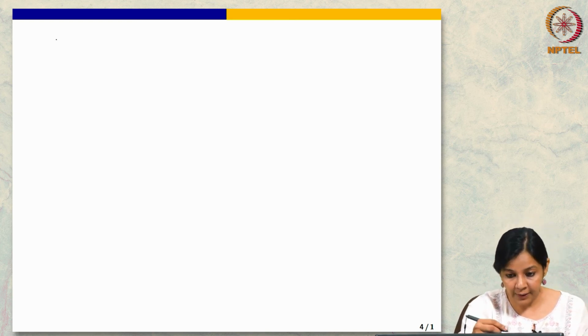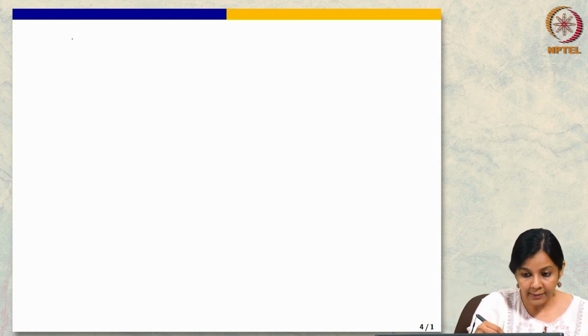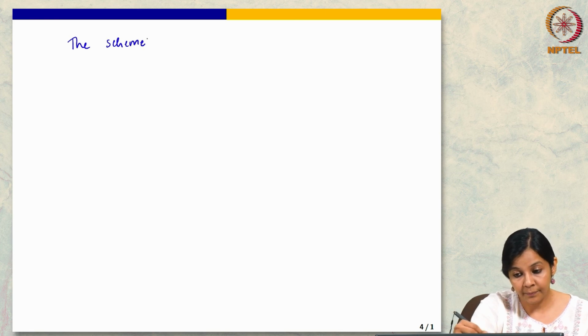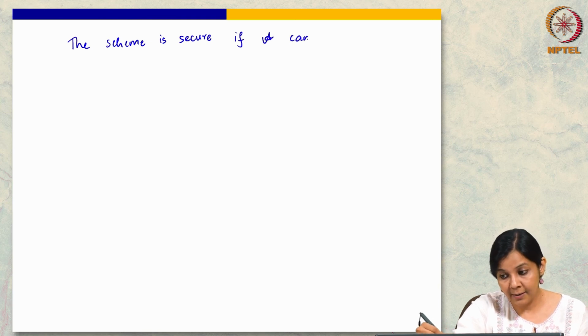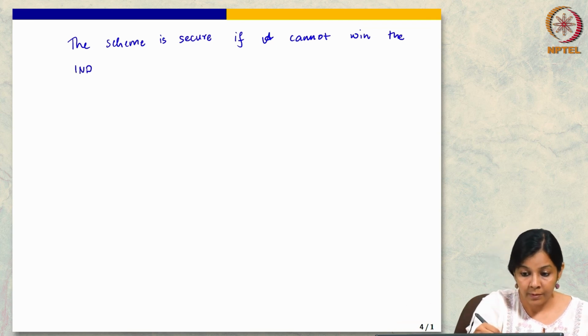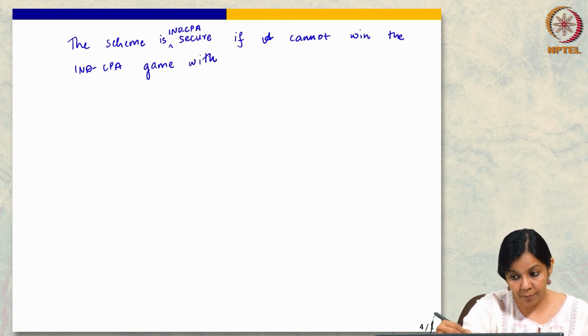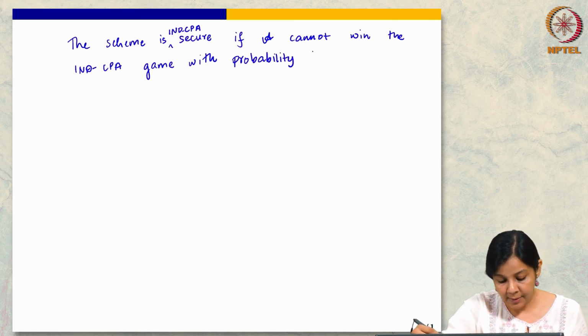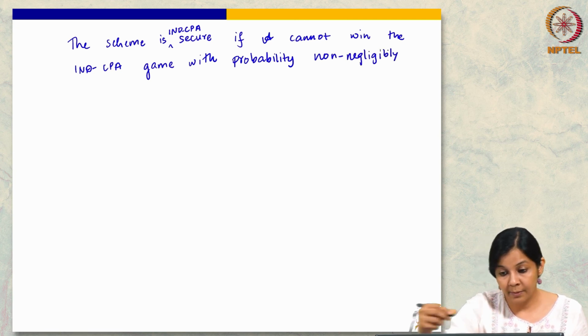In order to define the condition when the scheme is called secure, we will say that the scheme is secure if A cannot win the IND-CPA game with probability non-negligibly better than half.